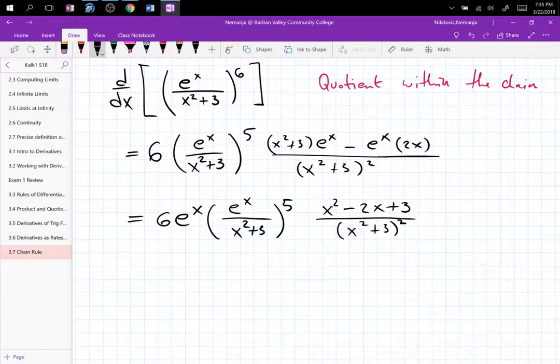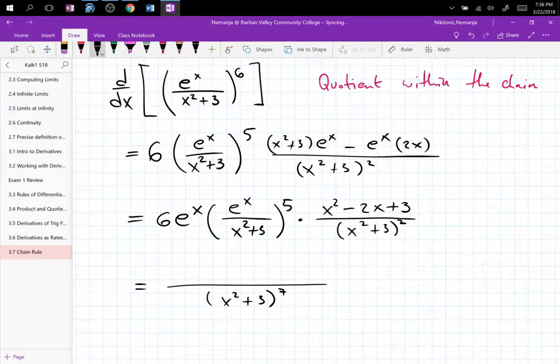Now look, you have the same denominators. This is again multiplication, but you have the same denominators, which means you can combine those powers, and then you have e to the x and e to the 5x. So what is the total over here? The denominator is clearly x squared plus 3. You have 5 on the left and 2 on the other side, so it's 7 of those.